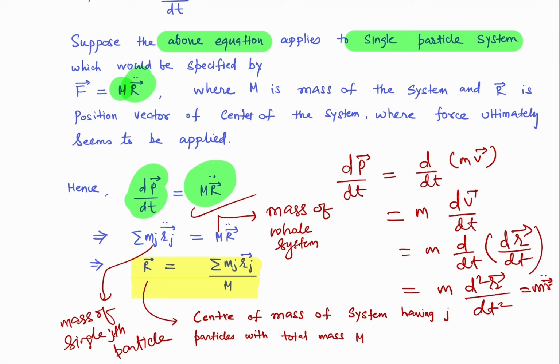So now this capital R is actually the summation of mj times vector rj divided by capital M, which is the mass of the whole system. This is actually what we term the center of mass, and it is very, very important in mechanics. So it is the center of mass of j number of particles with total mass M, that is the mass of the system.